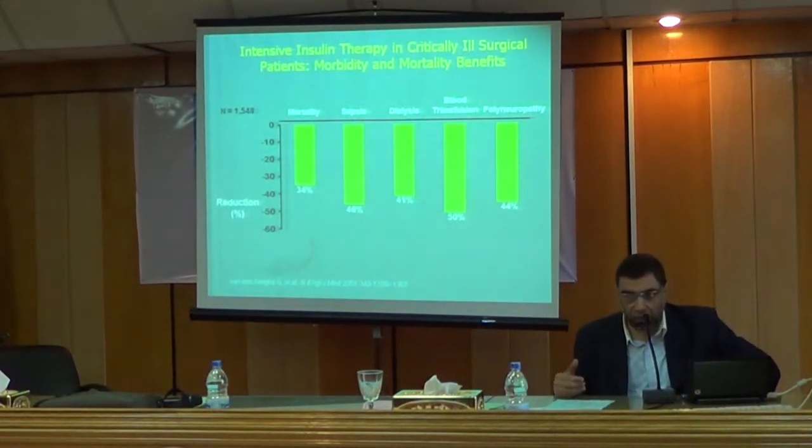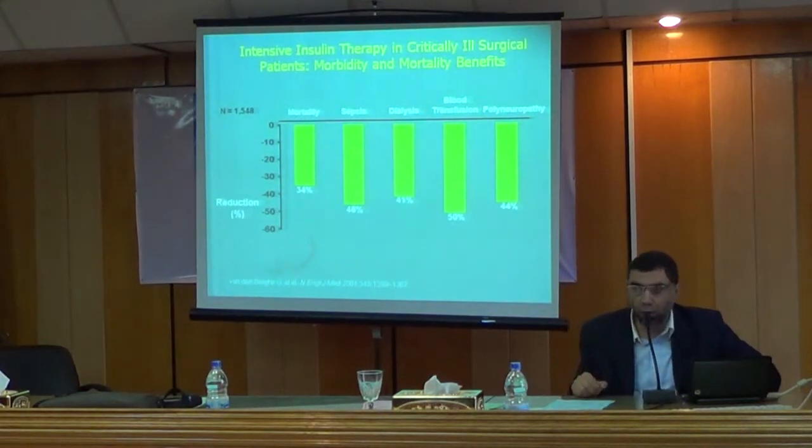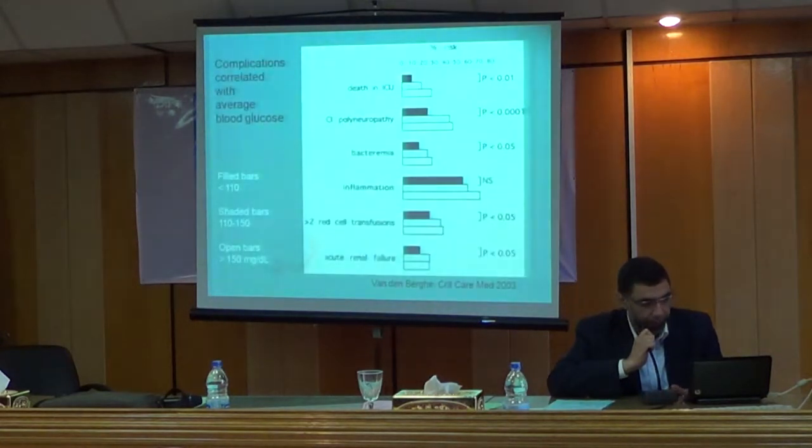When they studied the effect of strict control, they published these results in 2001: mortality was reduced by 34%, sepsis by around 45%, dialysis by 41%, blood transfusion by 50%, and polyneuropathy by 44%. These are very good and very encouraging figures.